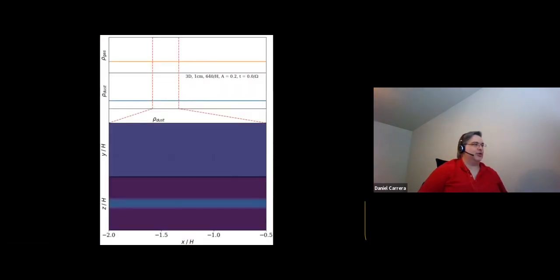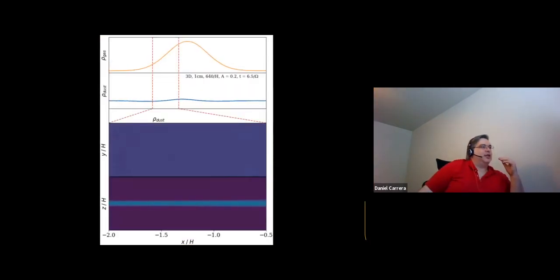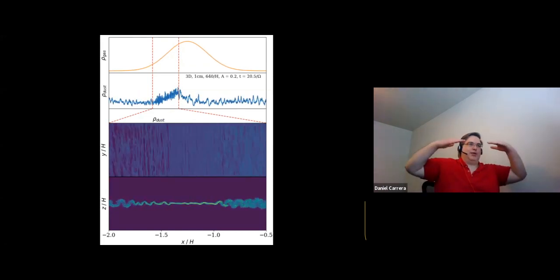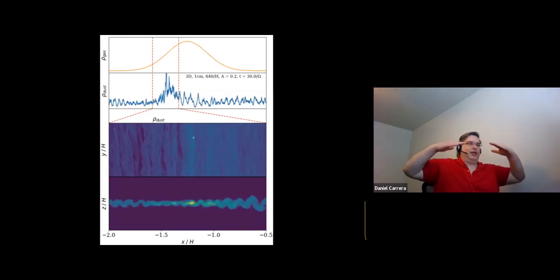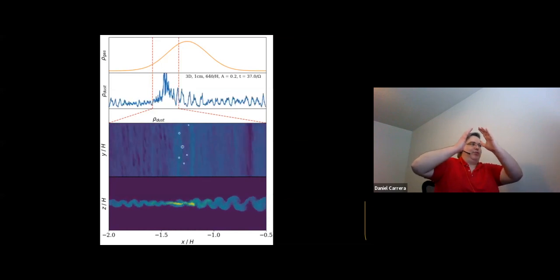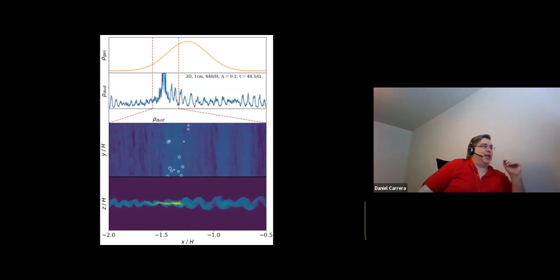So I have a movie to show you. Let's play this. The top plot shows the gas density. So you see how the gas began flat and it gradually formed a pressure bump. We will come back to that point later.